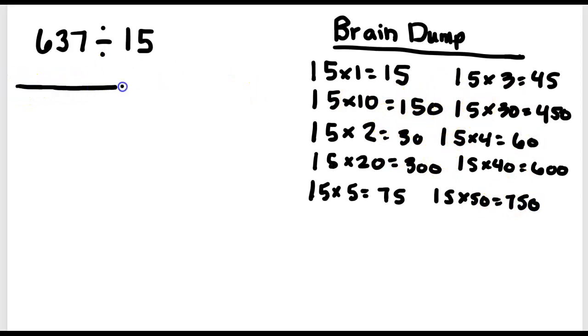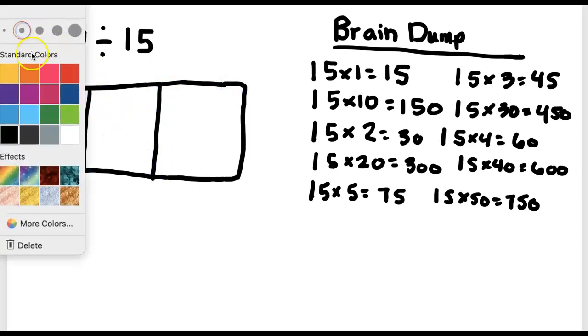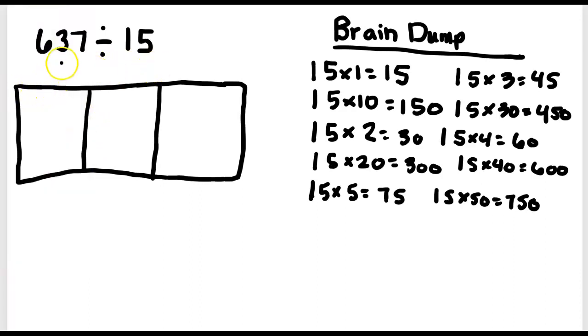So I'm going to have a box over here, the area model. Probably needs to be bigger than this, but we'll see. And I break the area model down into place value. Okay, so what I'm going to do is I'm going to take 637 and break it down into 600, 30, and 7.